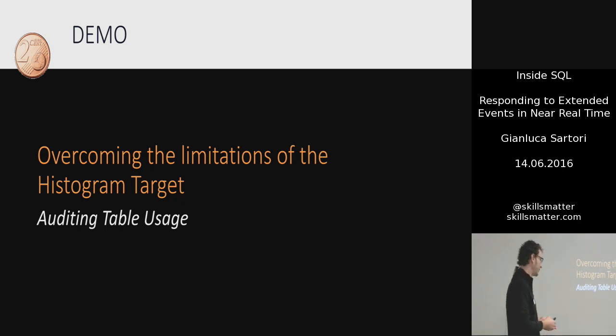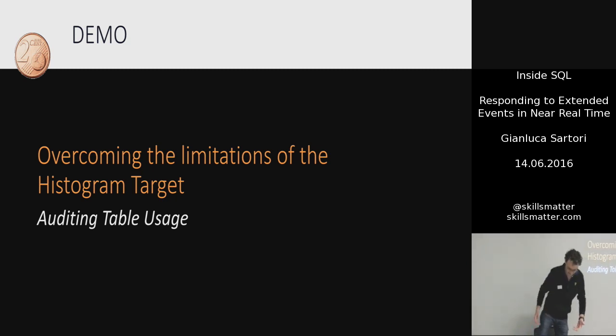So what you want to do is write to a table the last time somebody used that table in read or write mode. You just want a date, the last time somebody accessed the table, and a count, maybe, of how many times somebody had a write or a read on that object. Okay, so let's try to do that using the streaming API. We can extend the possibilities offered by the histogram target.